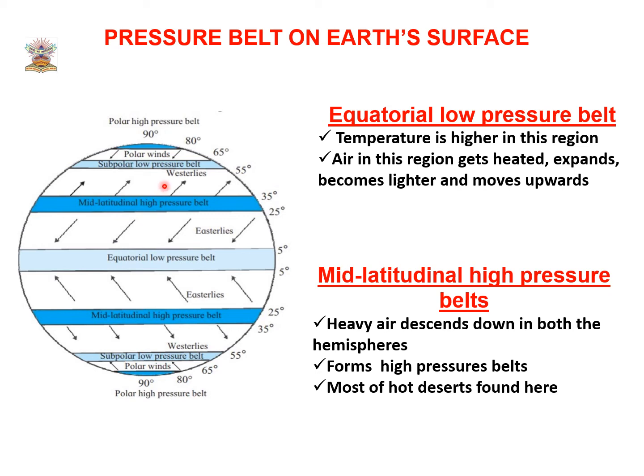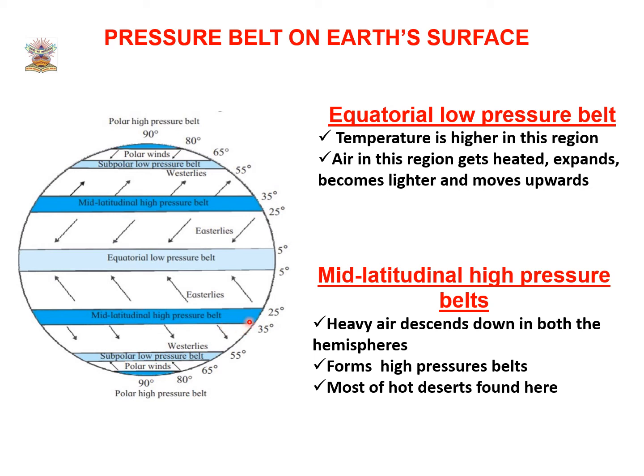So this heavy air comes in both the hemispheres, that is between 25 degrees and 35 degrees parallel in the north, and 25 degrees and 35 degrees parallels in the south, and this leads to the formation of the mid latitudinal high pressure belt.